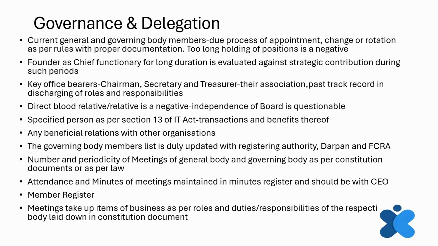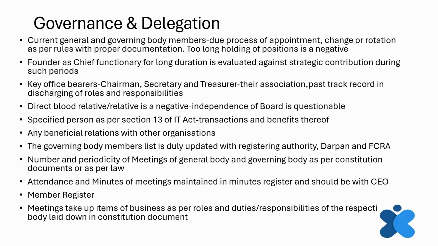I am not saying that you cannot give benefit to these people. You can give benefit, but the benefit has to be reasonable, because there is that much less of an arm's length relationship between these people and the actions that they do. That's the main premise for Section 13 to be considered as a separate section.